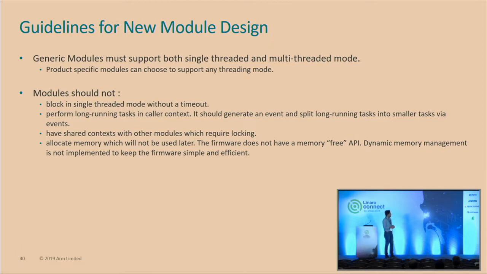Do not provide long-running tasks in caller context. What that means is if you want, let's say, a sensor read, and a sensor read needs to go to a PMIC, which eventually goes to an ADC, and the ADC has a further chain that blocks and waits for a reading to complete and then convert. Don't do it as a single event.